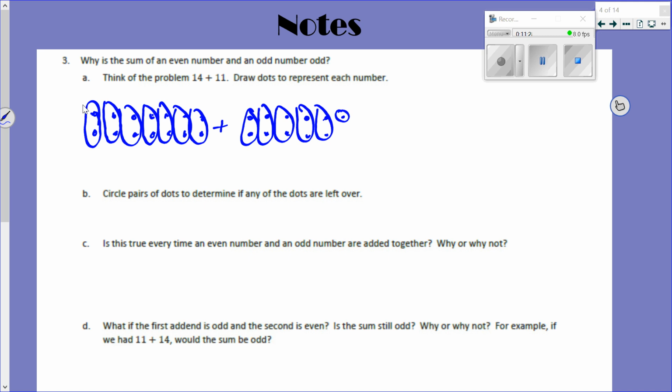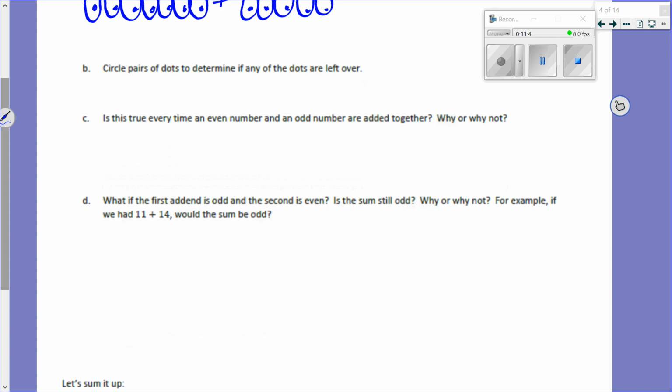No. As long as it's even or odd is what matters, because the evens will always be made up of sets of dots. But the odd is always going to have that 1 left over, correct? So, why is it always going to be an odd result, Jocelyn? Because it's another dot to form an additional pair. Good. There will always be 1 dot left alone.